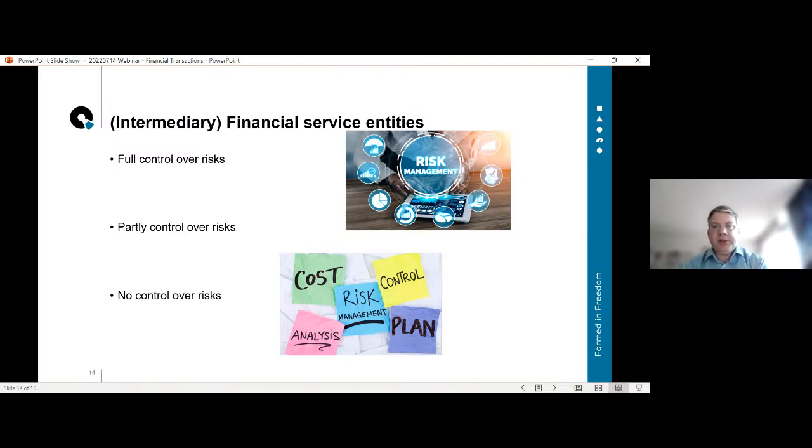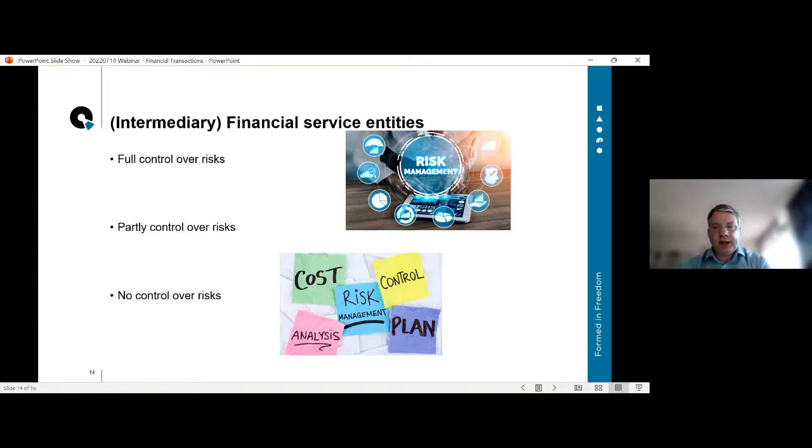But the message, I think, is very clear: it is important to assess whether any financial service entities within your group that are carrying out activities in the Netherlands, to what extent they really add value to the financial activities performed, and do the employees really carry out genuine activities?